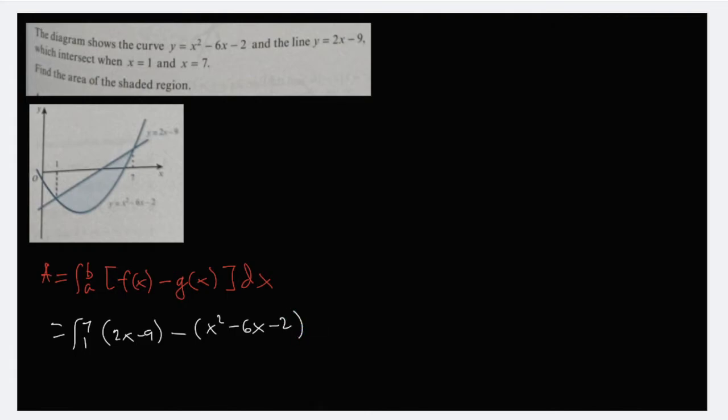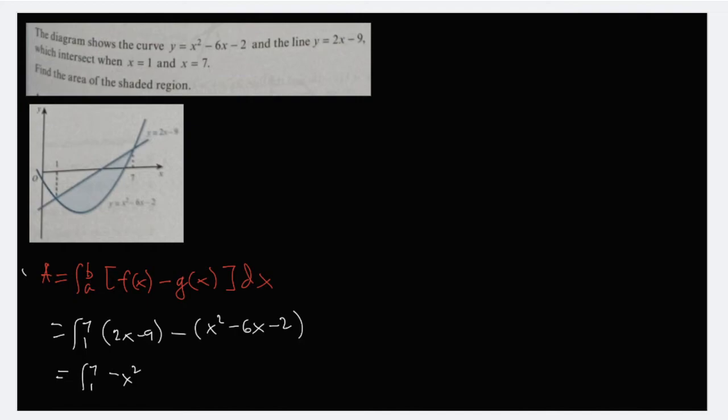Now, if we're going to evaluate this, we will just combine. So that becomes the definite integral from 1 to 7. The highest power is the second power, so we can put it as negative x squared. Next, we combine the 2x and the negative 6x.